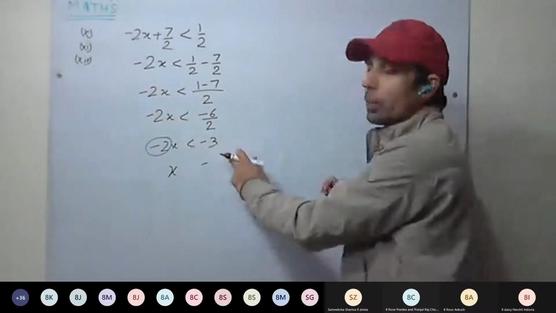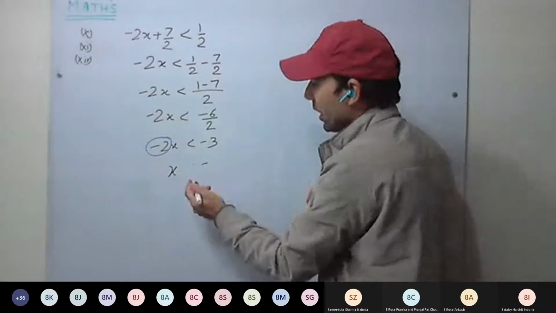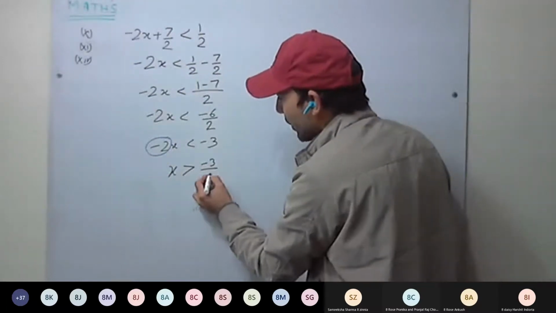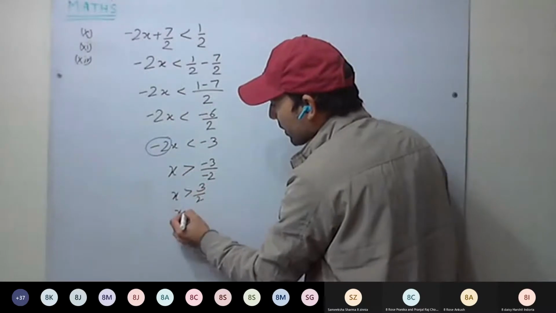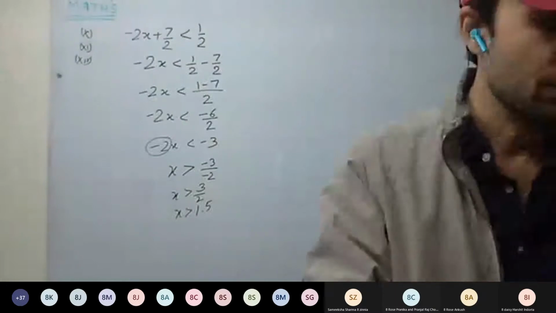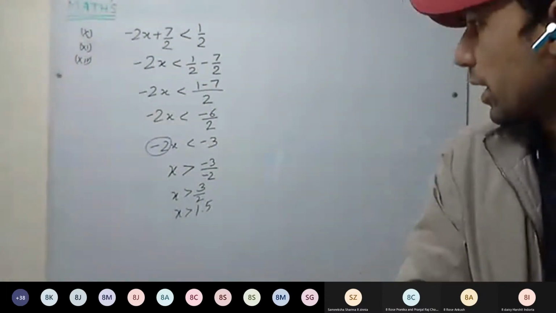Whenever we are dividing or multiplying by a negative number, the sign reverses. So x greater than minus 3 divided by minus 2. x greater than 3 by 2. x greater than 1.5. Now you can find the elements: 2, 3, 4, 5, 6, 7. Understood this one? Any doubt in this?